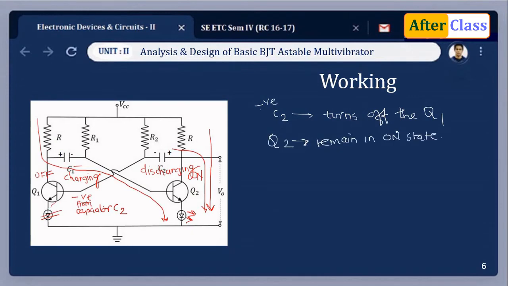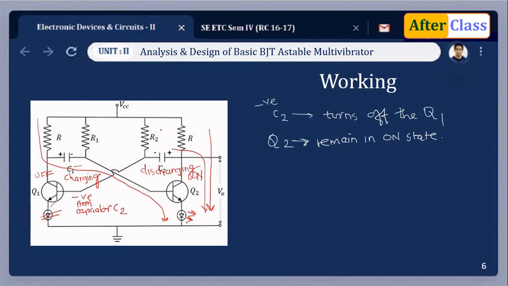The capacitor C2 had discharged completely. Now it starts charging towards VCC in opposite direction through R2.